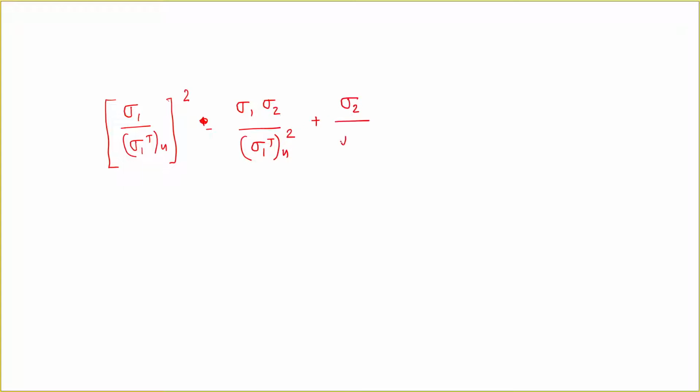It was something like this, the Tsai-Hill theory: sigma 1 by sigma 1tu squared, minus sigma 1 sigma 2 by sigma 1tu squared, plus sigma 2 by sigma 2tu squared, plus, this was actually wrongly written as minus, it will be plus tau 12 by tau 12u squared. This was the Tsai-Hill.